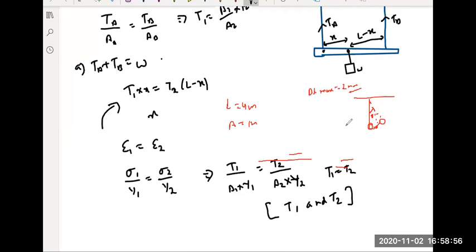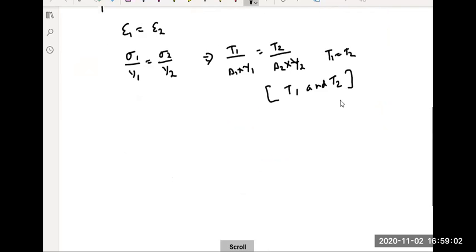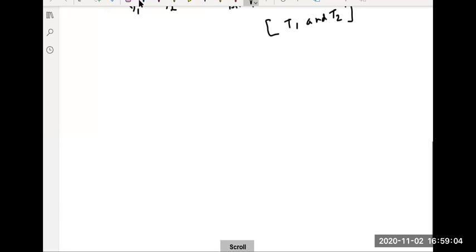I'll just make it bigger. Okay, this is the problem, right? So the problem was like this. Okay.